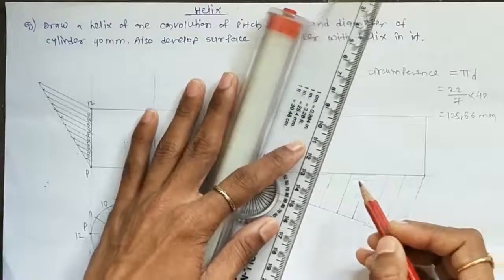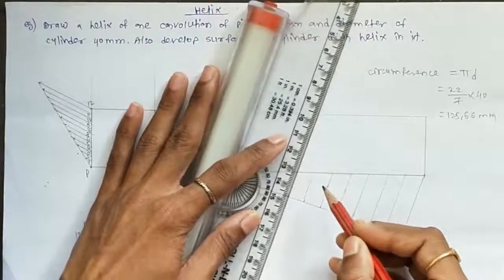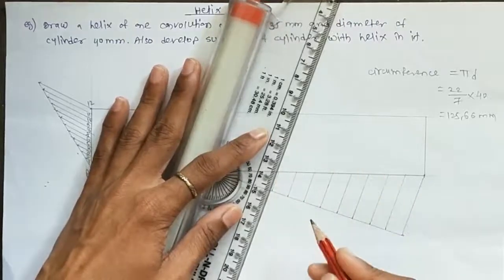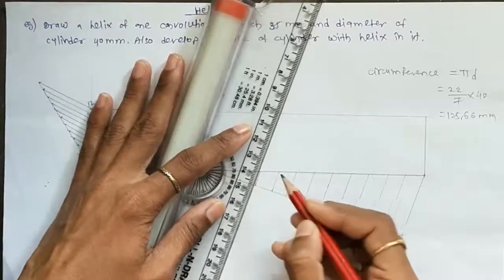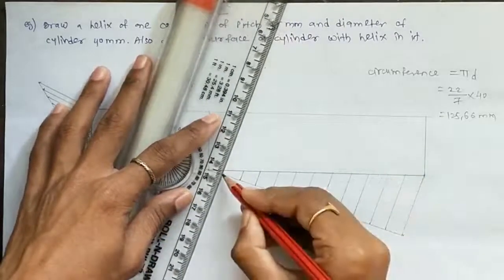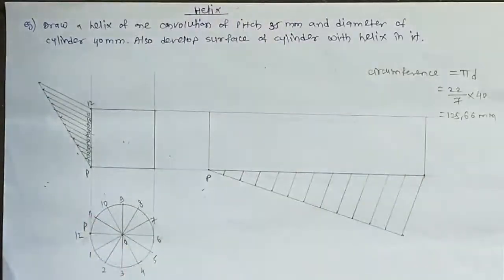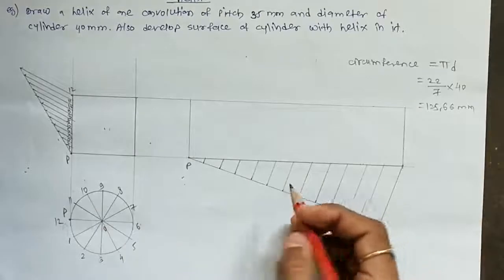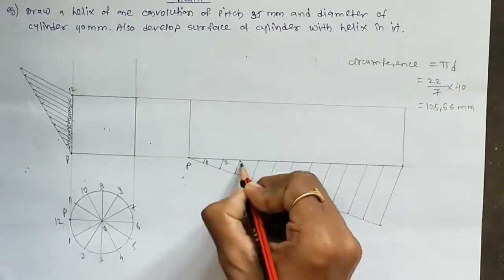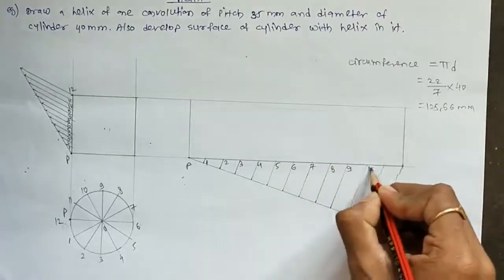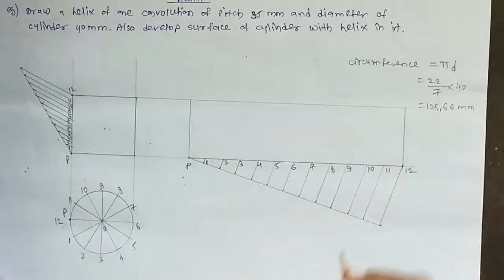Take parallel to this line. So each point will occur at a same distance and give name to these points as point 1, 2, 3, 4, 5, 6, 7, 8, 9, 10, 11 and last point as point 12.